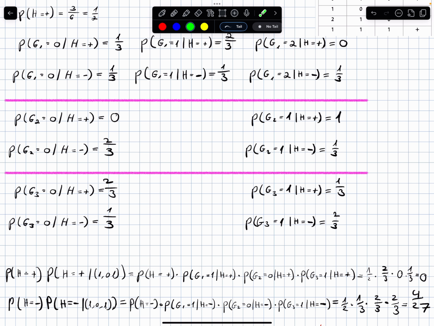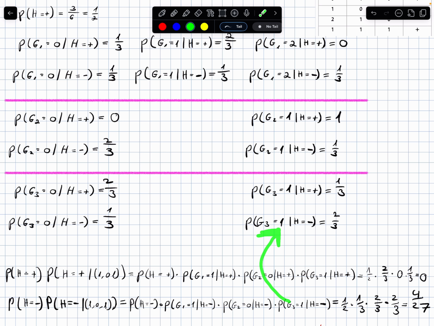We can look here. G2 is 0 given h is minus. So it's 2/3. We can see it here. And g1 is 1 given h is minus.